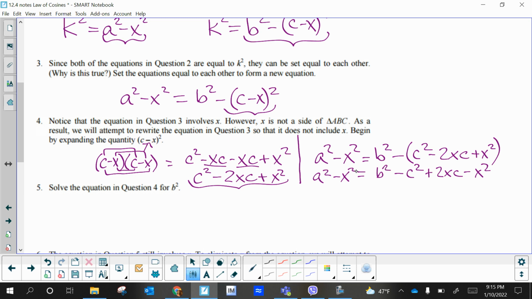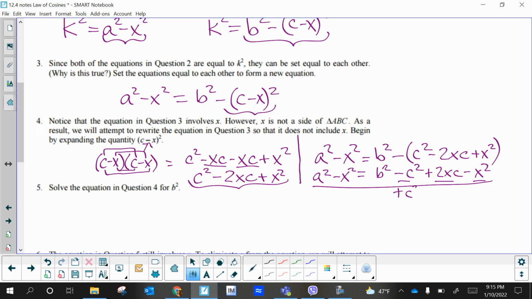So notice now it says solve the equation in question 4. That would be this long equation right here for b squared. Solve the equation for b squared. All right. So to solve for b squared, I need to move all of this other stuff over here to this other side. Okay. So what do I need to do?